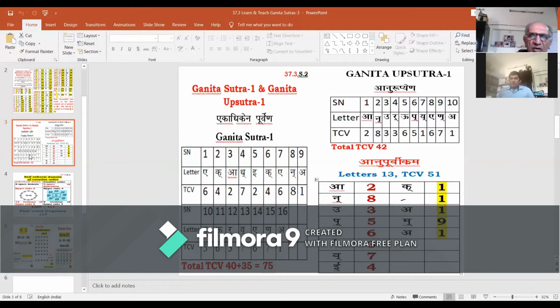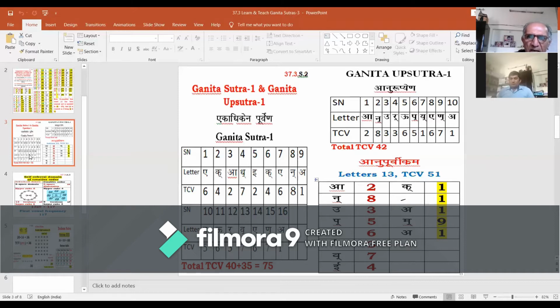So Ganita Sutra 1 and Ganita Sutra 2 have a gap. This gap is bridged by the format features and values of Ganita Sutra 1. Therefore, Ganita Sutra 1 is followed by the Upsutra 1, and then a continuous reach happens.